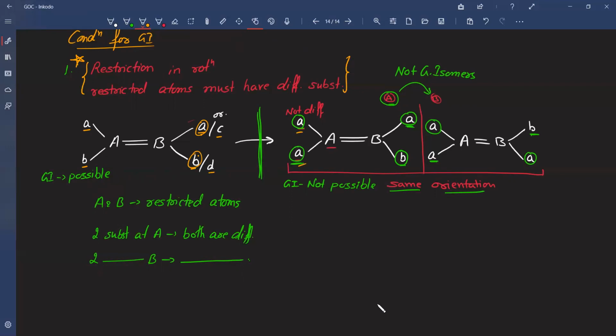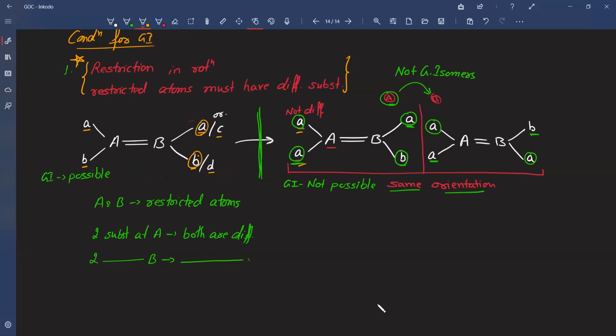You won't have geometrical isomerism, right? It says geometrical isomerism is possible when these conditions are there. It doesn't say that there must be geometrical isomerism when this condition is there.